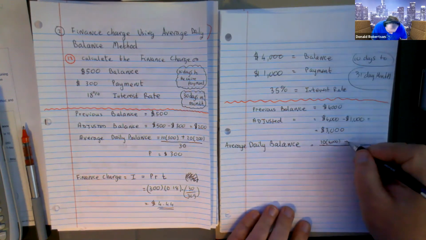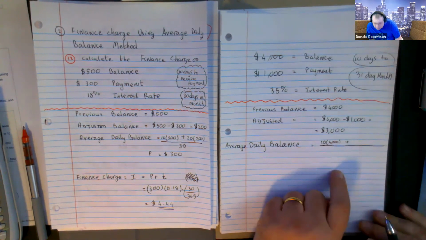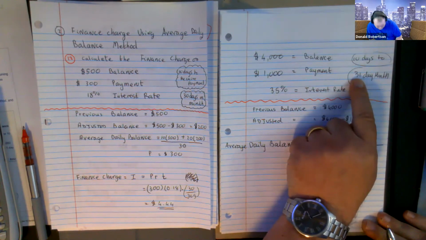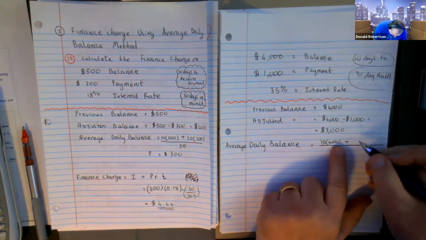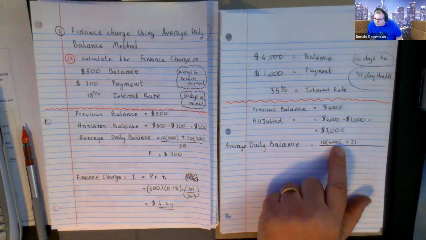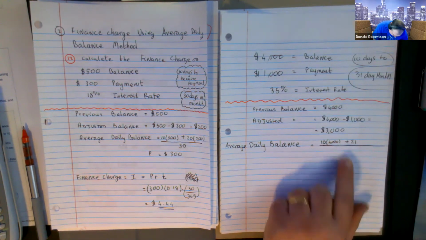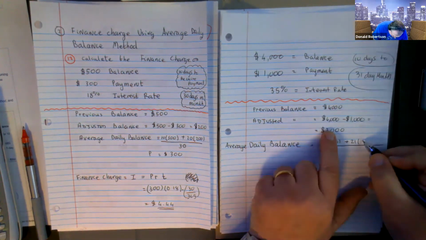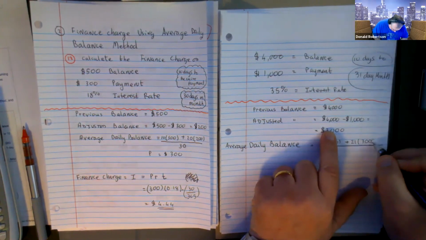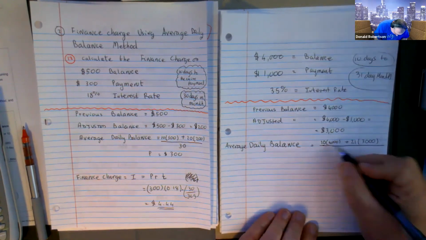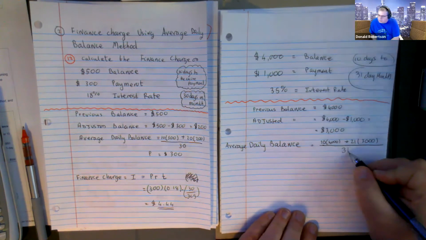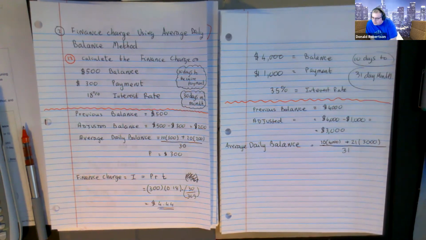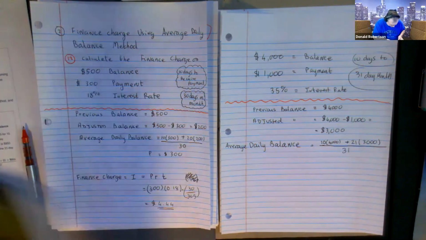Added to that, the rest of the month. Now, since this question has 31 days in it, would you agree that the rest of the month has got 21 days? Right, 10 and 21. Times the adjusted balance. So 3,000 goes there. And the total number of days is still 31. Do you see how the 31 goes there? And that's called the adjusted daily or the average daily balance.